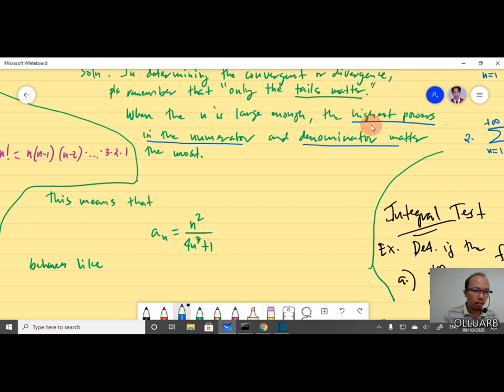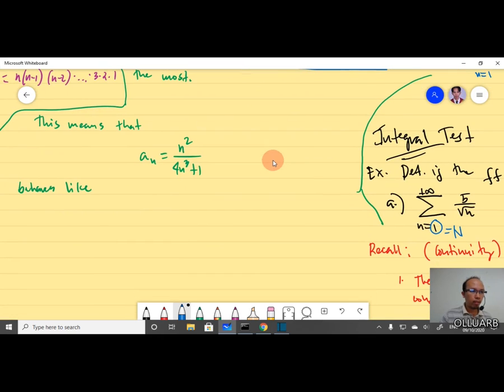And in the denominator, if there are other powers of n other than 4n cubed, you have to eliminate them. So that's basically what this means. The highest powers in the numerator and denominator matter the most. So this means that a sub n behaves like this one.